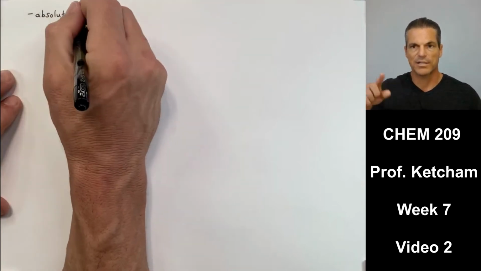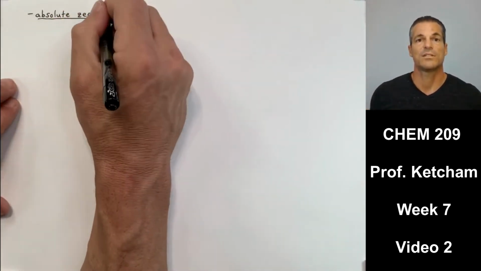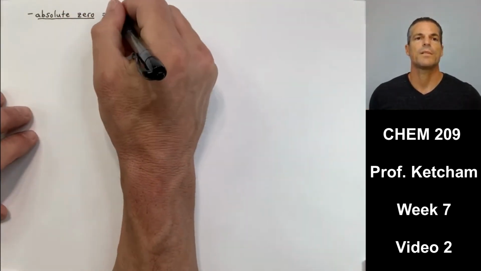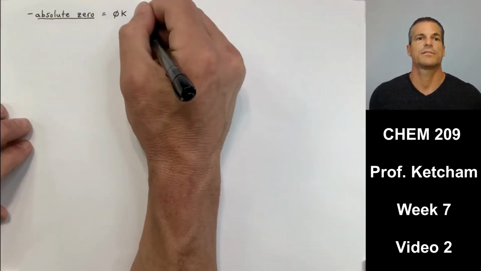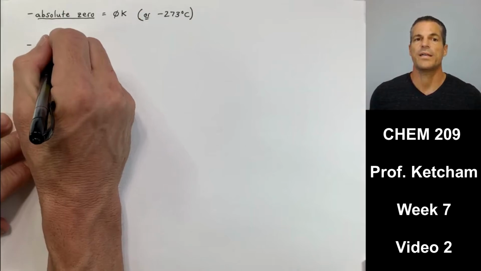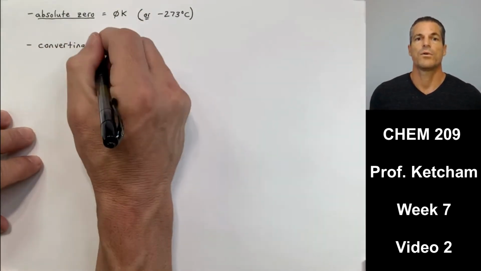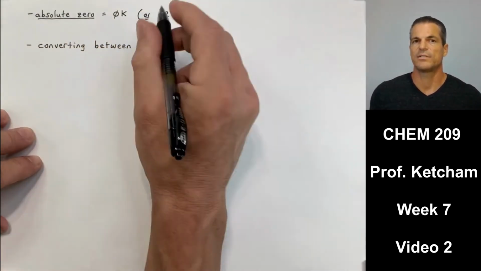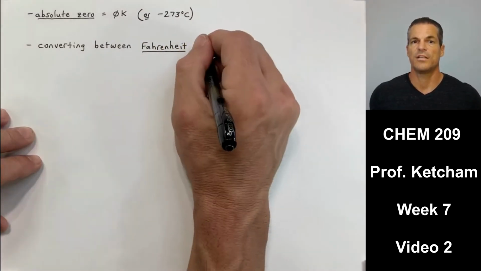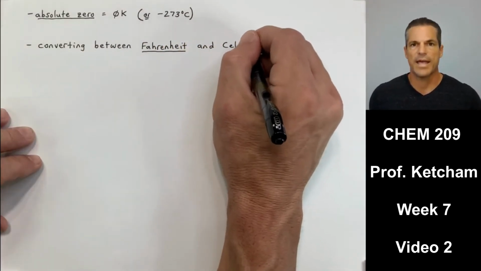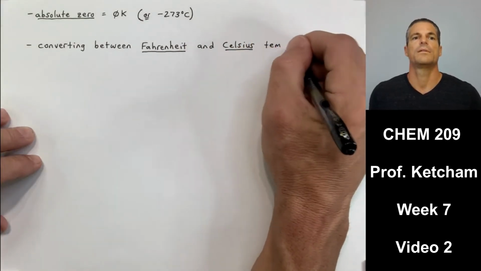So that box right there is how you go from Celsius to Kelvin. In a second we're going to learn how to go from Fahrenheit to Celsius. Absolute zero, by the way, is 0 Kelvin or negative 273 Celsius. That's the value where molecules in a solid even stop vibrating. So absolute zero, absolute no movement.